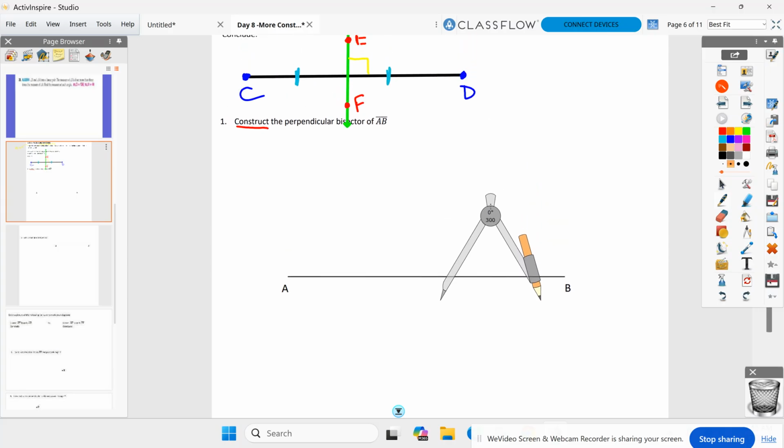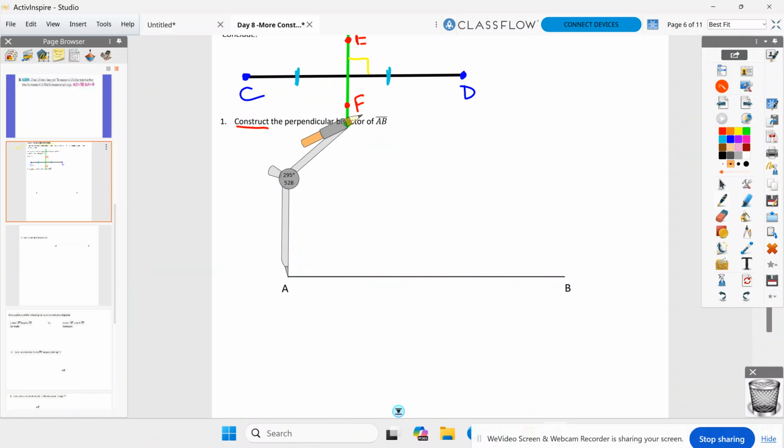This is going to be one of the bigger arcs that I have you make all year long. Open up your compass more than half the length of AB. This might be tough for some of you who are still struggling using your compass.